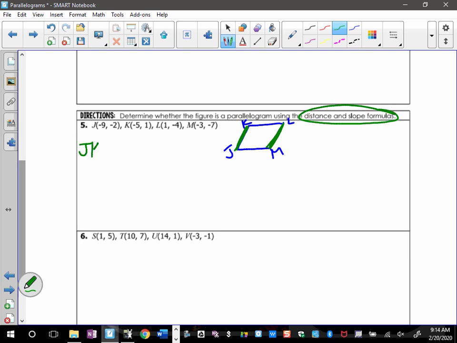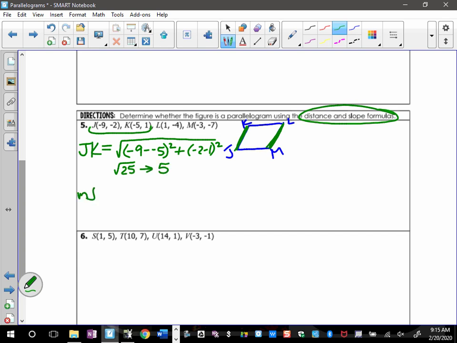So for JK, my distance is going to be negative 9 minus negative 5 squared and negative 2 minus 1 squared. That's going to give me square root of 25, which we know is just 5.